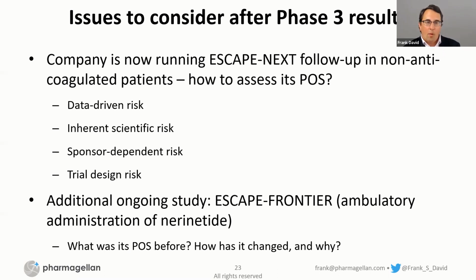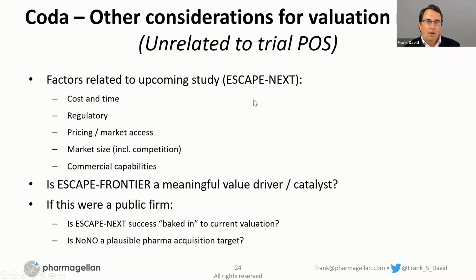And then I think I have one more slide that's a little bit broader. Somewhat unrelated, but also beyond trial POS, is the overall DCF valuation questions, right? So I'd be asking some questions, compared to the original trial, about the one that's only going to recruit the no alteplase patients.